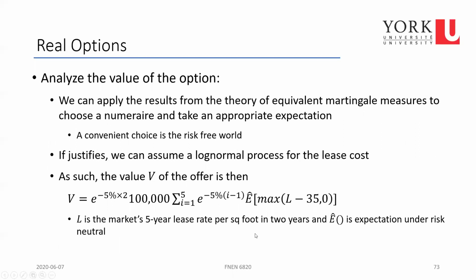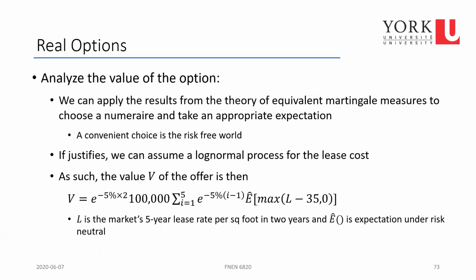Now, if you structure this problem, you see that if the lease rate is higher than 35, it is obviously good for the company. The reason it's a max function here is that it is an option, so the company doesn't have to get stuck in this one. If 2 years from now they know the lease rate is not going to be high, they can just say, forget about this.